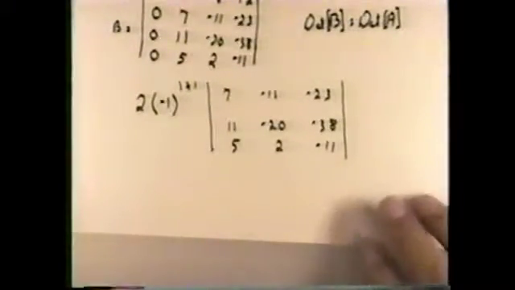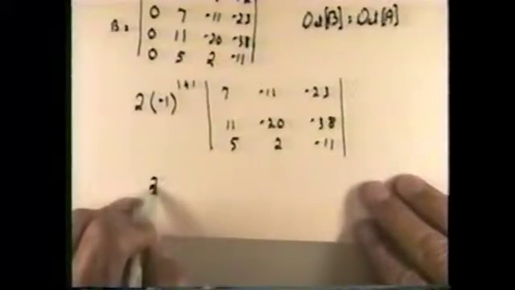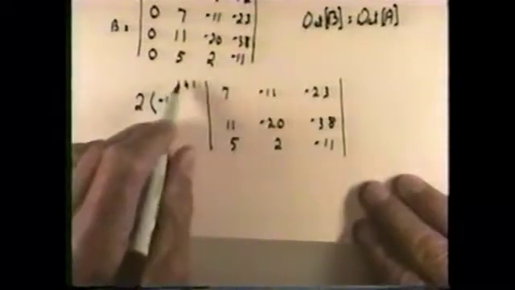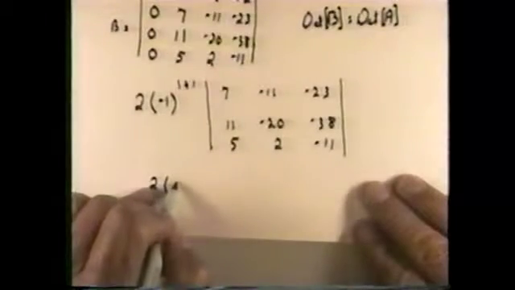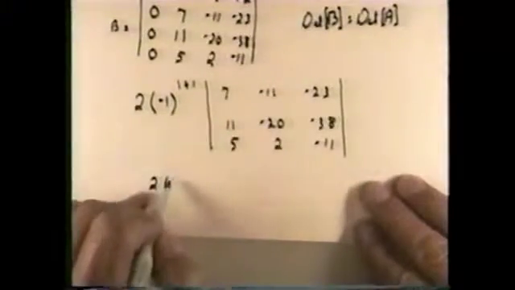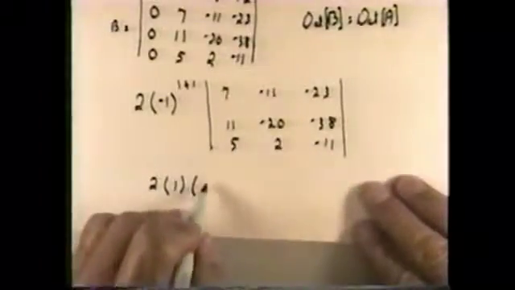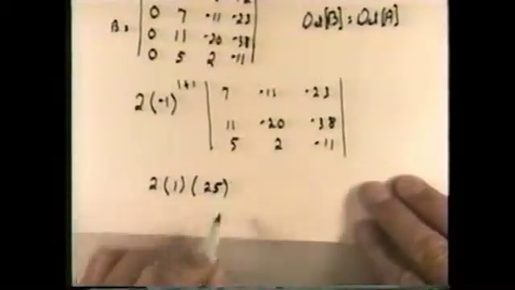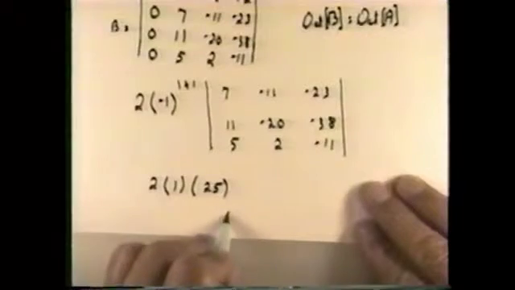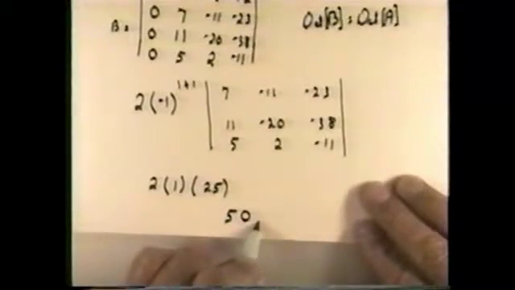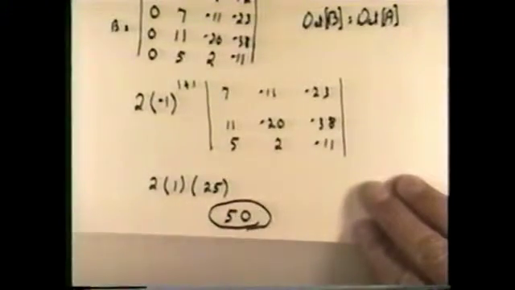But now going back to this one, we have 2 times negative 1 to the 1 plus 1, which is negative 1 to the second, which is positive 1, times the determinant we evaluated, which was 25. So the answer to the problem is 50.